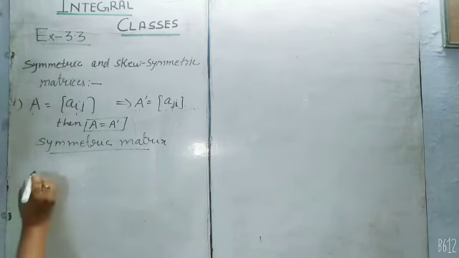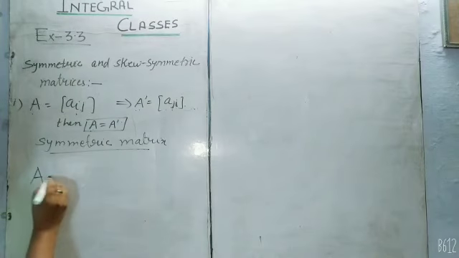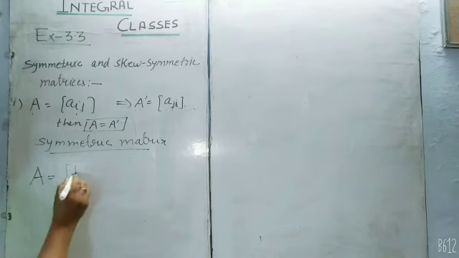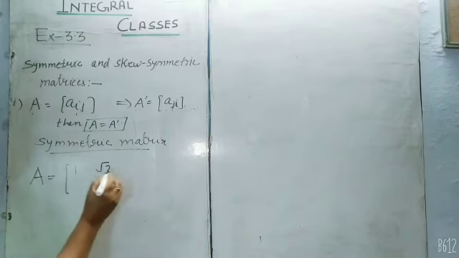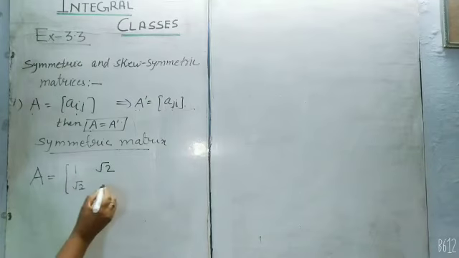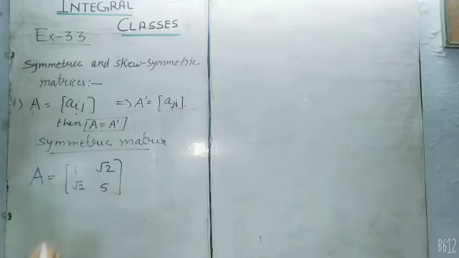symmetric matrix. Now I am explaining by an example. 1, root 2, root 2, 5. It is a matrix and it is a square matrix because its rows and columns are equal: 2 rows, 2 columns. So 2 cross 2 order.